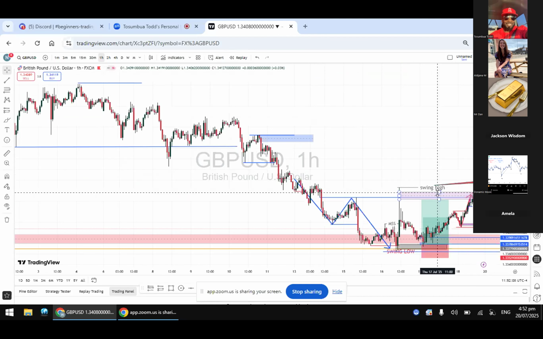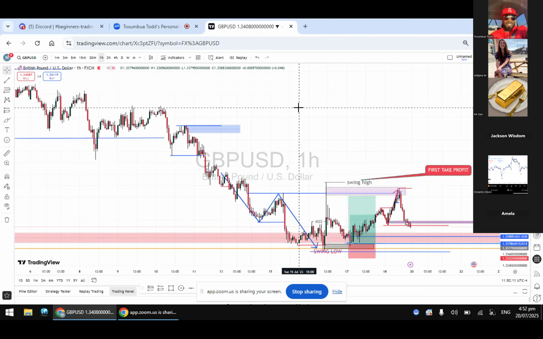Can you see my chart, sir? It says it's starting the screen share. It says double click to enter full screen mode. You got to double click, Wisdom. Okay, perfect.